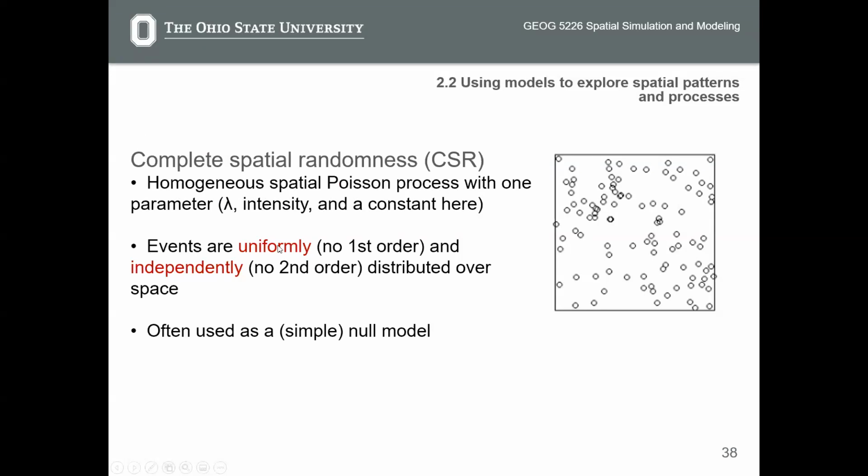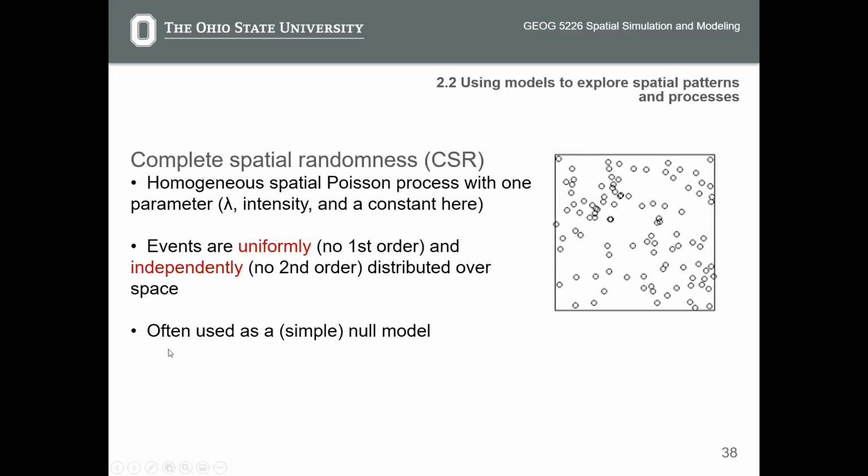So events are uniformly distributed, which means there is no first order. There is no background function manipulating the spatial distribution of all those dots. And independently, the location of one event is not affected by any other event's location, which means there is no second order.